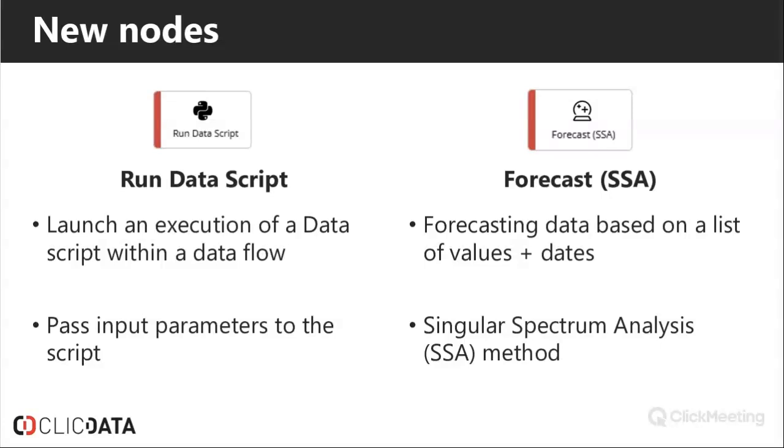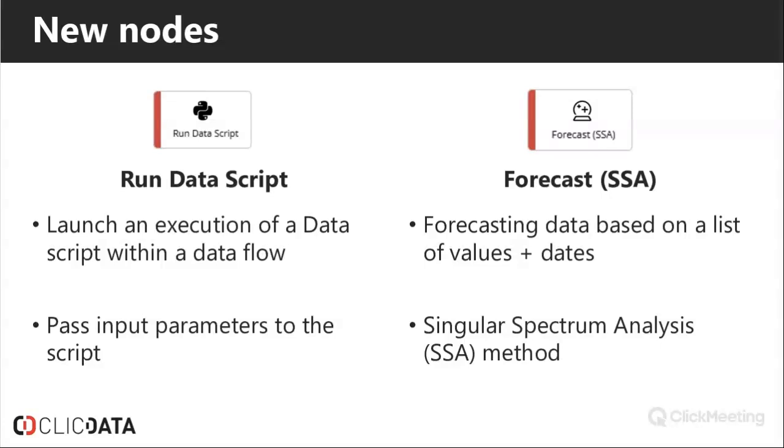And then we also have a node for forecasting, which is coming out very soon, which is using the singular spectrum analysis method. That means you need to input a range of dates and values, and based on those 2 elements, the method is able to forecast the next values in the future.